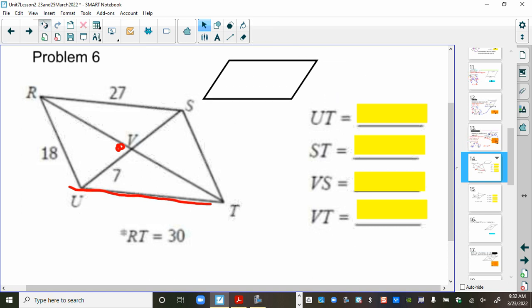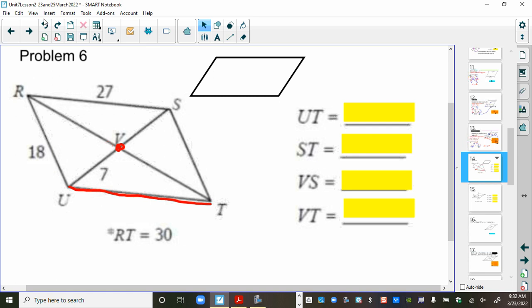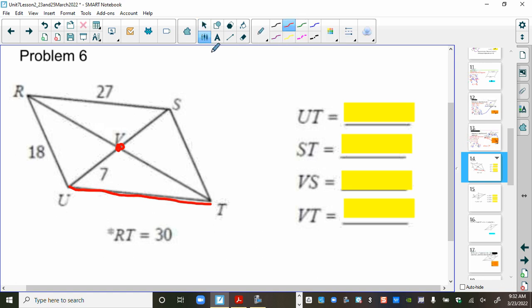All right, forget that. Let me get rid of that first parallelogram because that's not going to work. All right, real quick. UT is right across from RS. Opposite sides are congruent. So if RS is 27, I'm sorry, this is not going to work as well as I thought. Pretend that they're congruent.